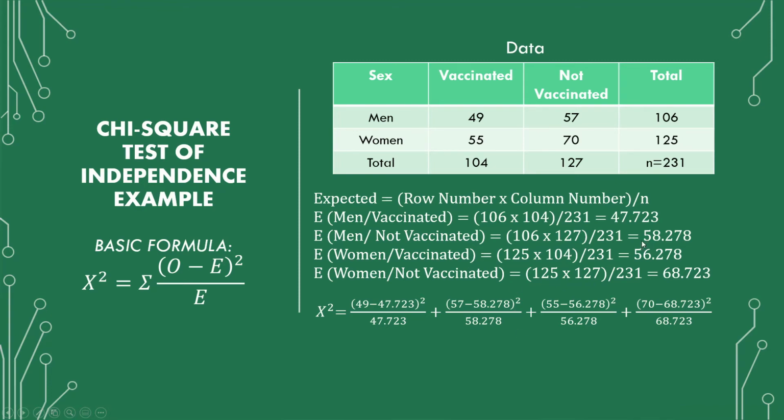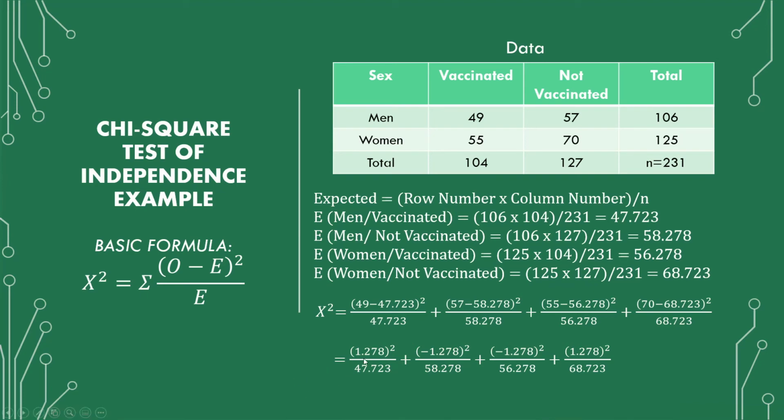For the expected value, it's 58.278, so I plug them in there. The next one is women that are vaccinated, which is 55 minus 56.278, and I plug in the appropriate numbers there. For the last one, it's looking at the observed of 70 and the expected of 68.723 and applying that the same way.